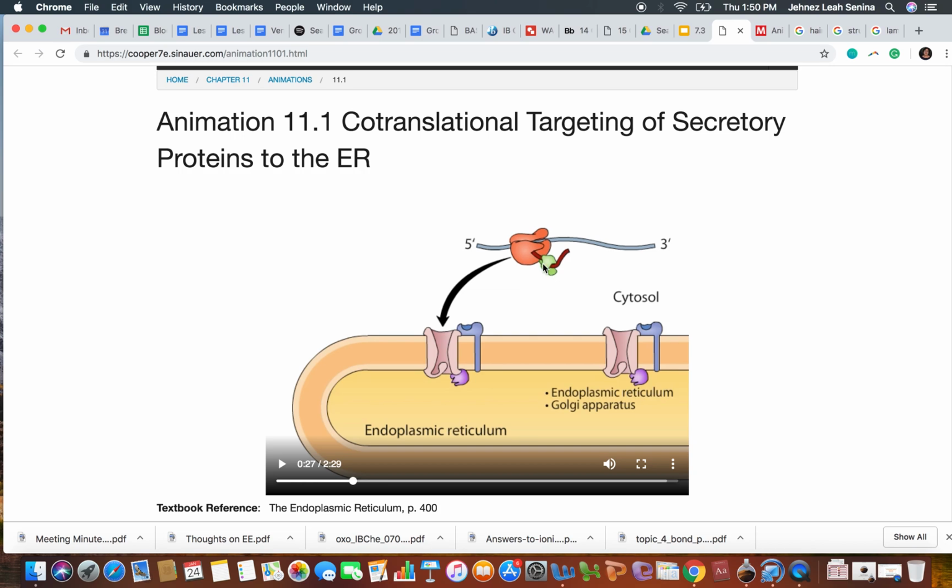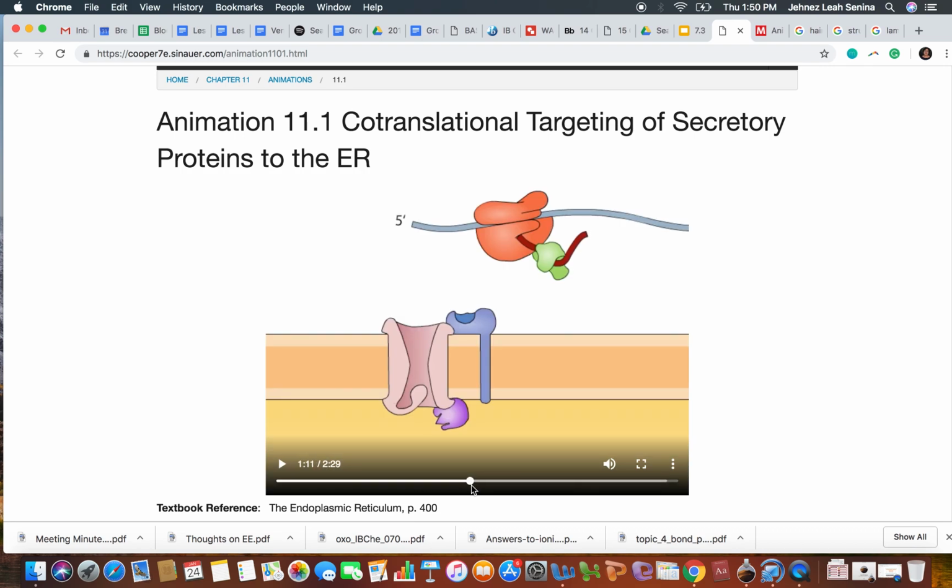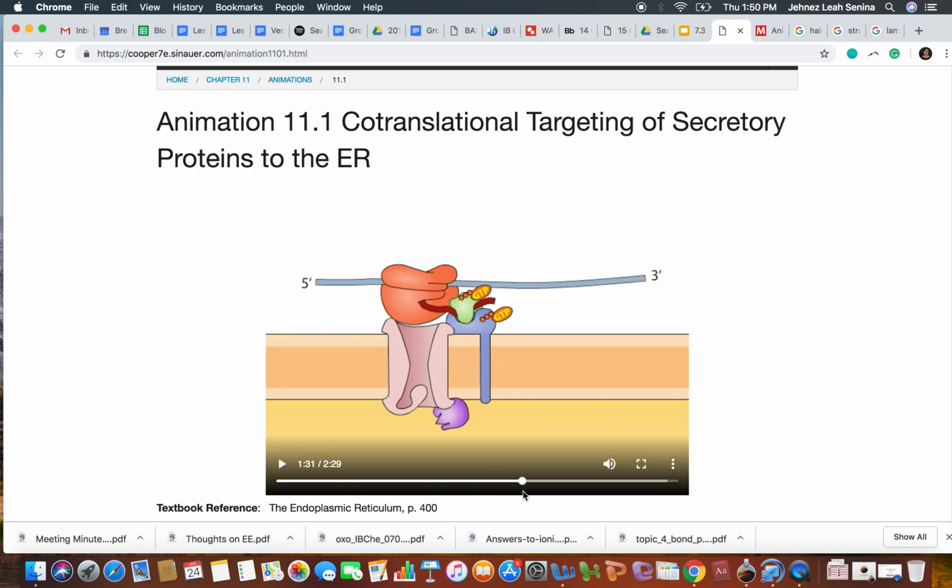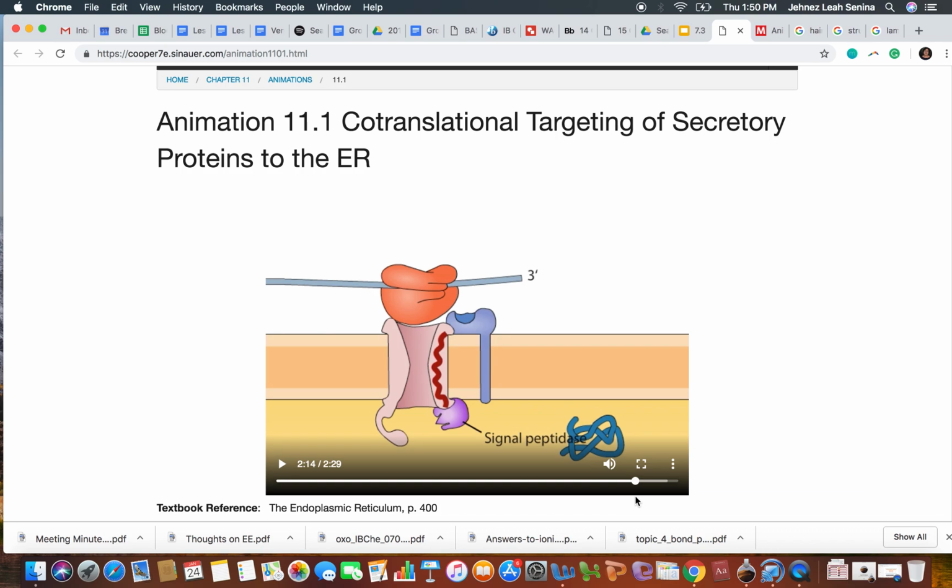So this one will drag this transcript into the membrane of your endoplasmic reticulum, and translation can keep continuing there, so that your final protein is found where? Inside the endoplasmic reticulum. Why does it need to be inside?